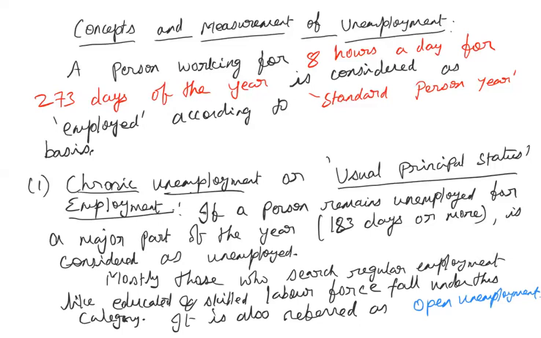Okay. Then the second measurement concept is something called the current weekly status unemployment.